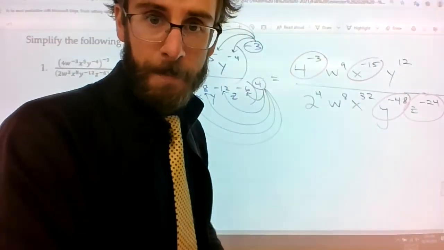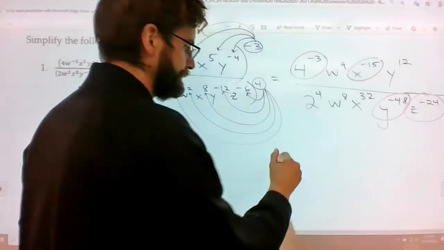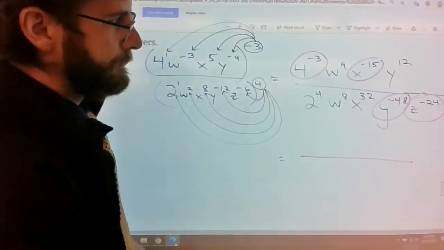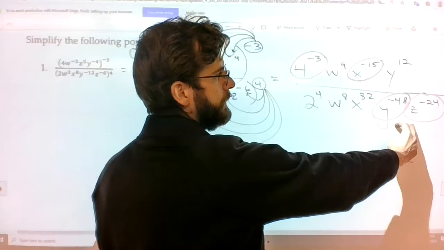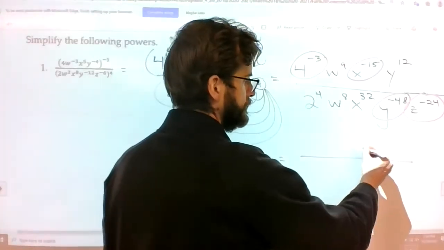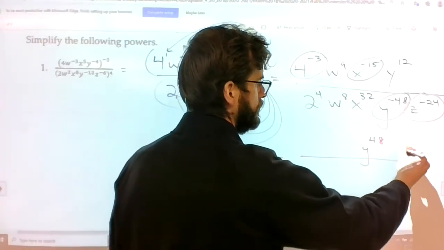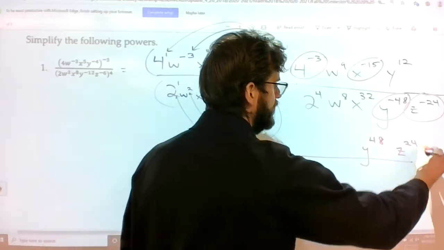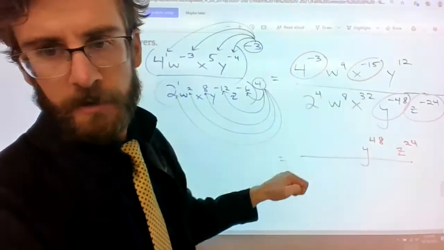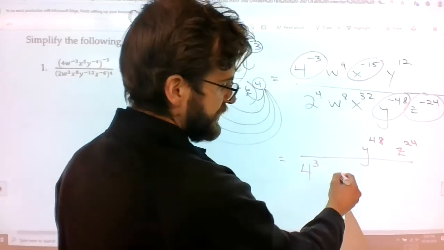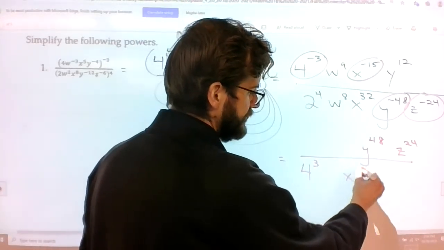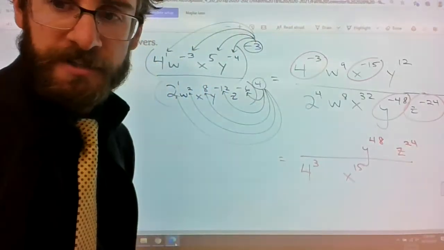You move them to the top, they become positive. So, these reds, well, you guys can't see that, I don't think. These two reds move up top. These two reds move to the bottom. And notice their exponents completely change from negative to positive.